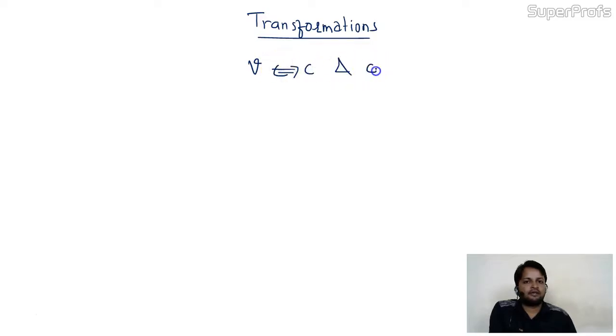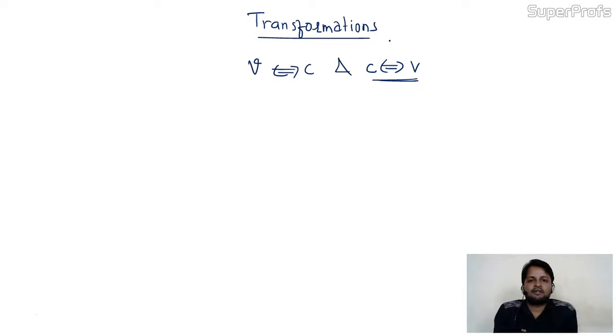This is a very easy concept actually. Given one circuit, we have to convert the voltage circuit into the current circuit.